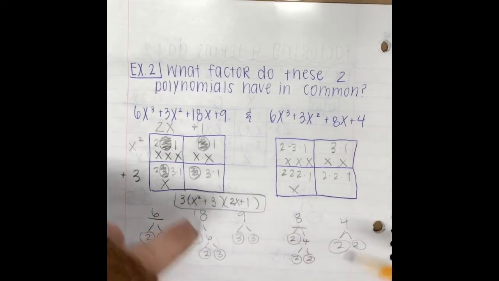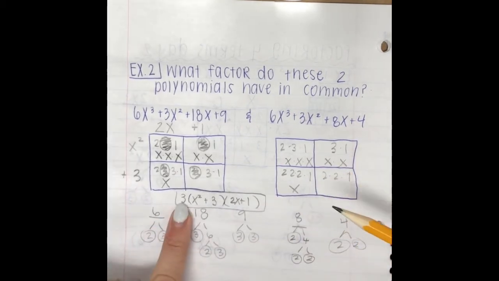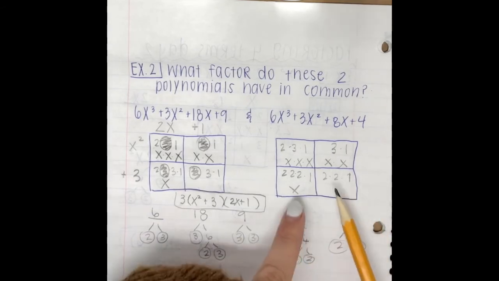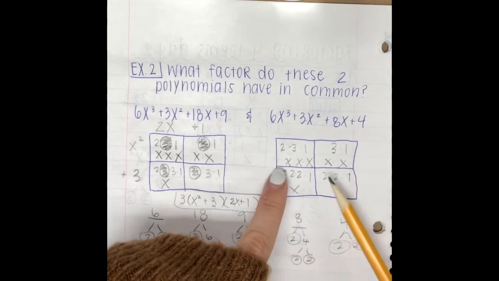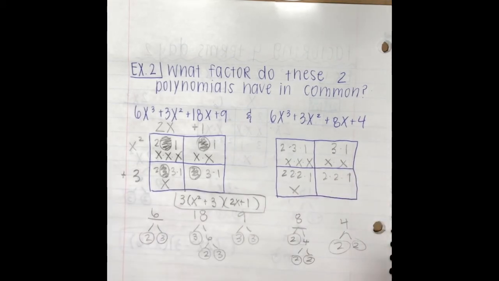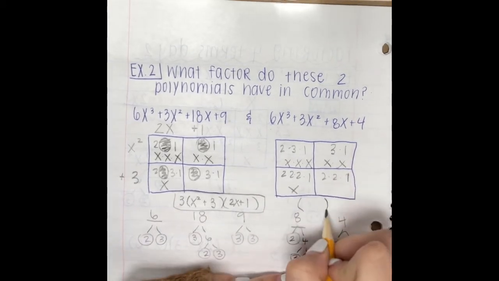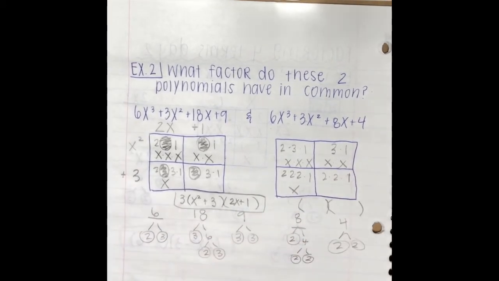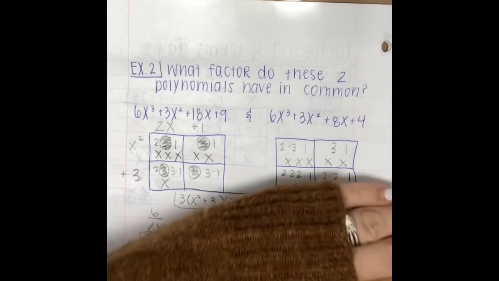Now we wanna look and see if these 4 have a GCF like this one did. They don't all 4 have an x. They don't all 4 have a 2 or a 3. So your GCF is just 1. So in this case, we're just gonna get a binomial and a binomial, okay?